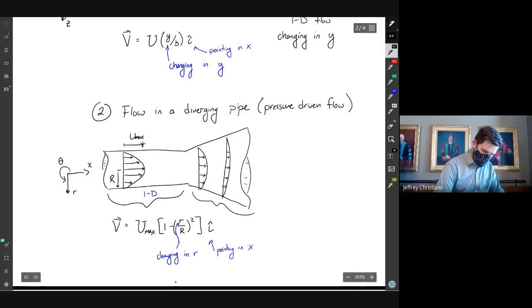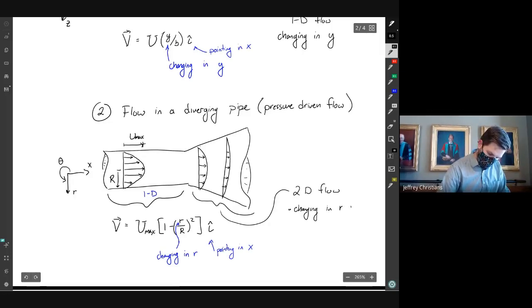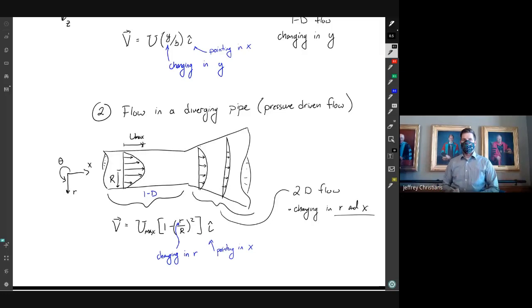We're now in a position where we have 2D flow. So we're now a function of r and x. Okay, it's still only pointing in x, but it's now two-dimensional because it's changing in both radius as you go from the center of the pipe to the outside, but it's also changing depending on where you are in that expanding section.